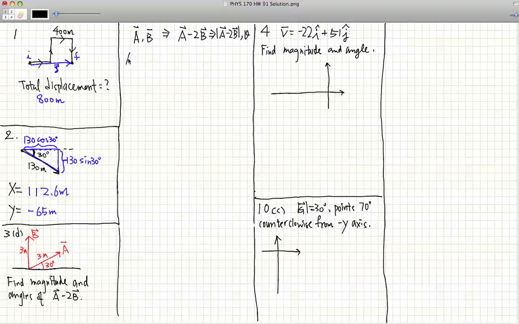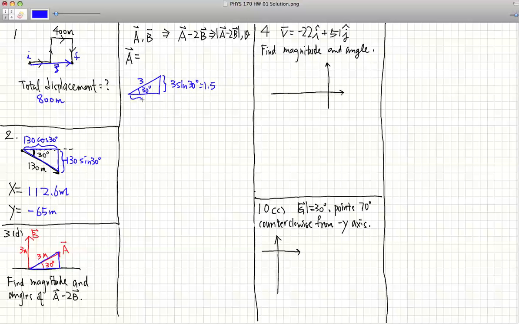So let's start with vector A. We want to write it down in component form. You do what we did before. By now you know we want to find a right angle triangle. If we draw it up here, the angle is 30 and the length is 3, so the vertical length is 3 sine 30 degrees, which comes out to be 1.5.